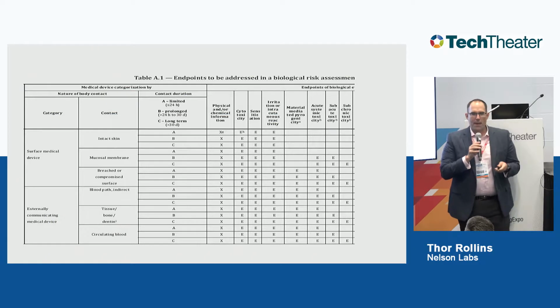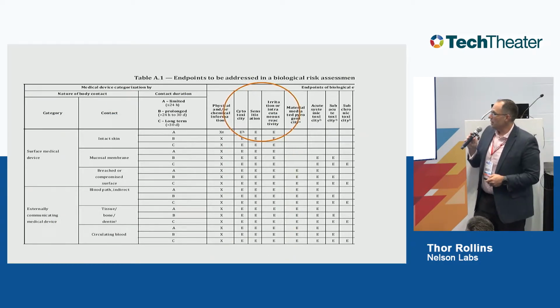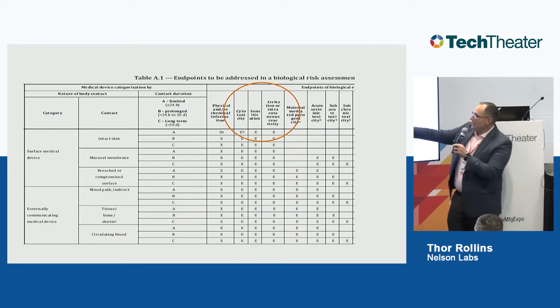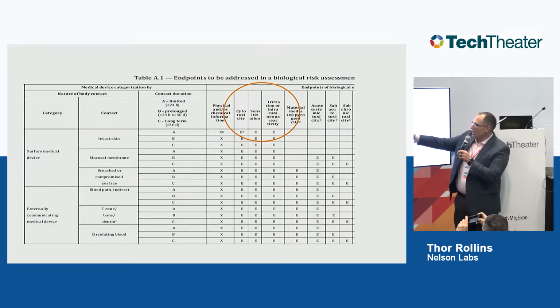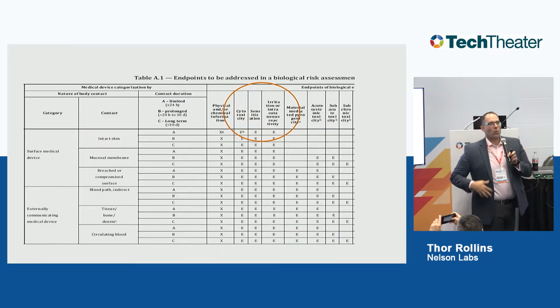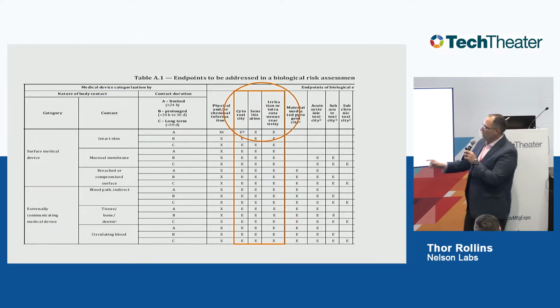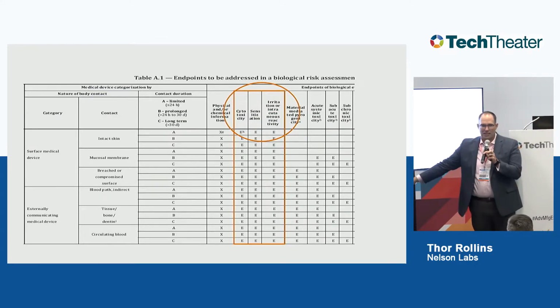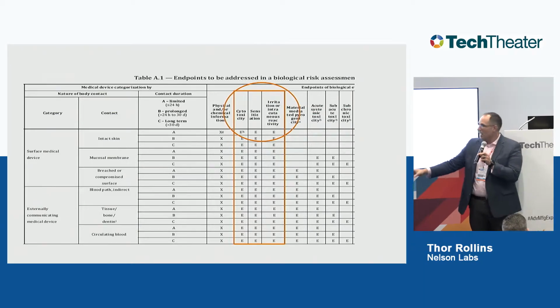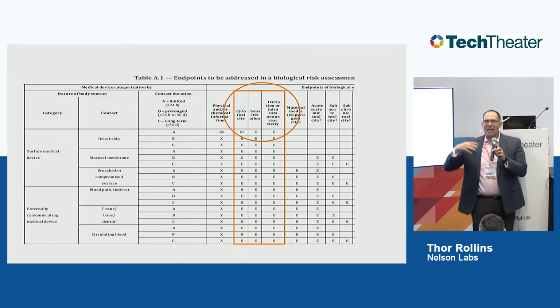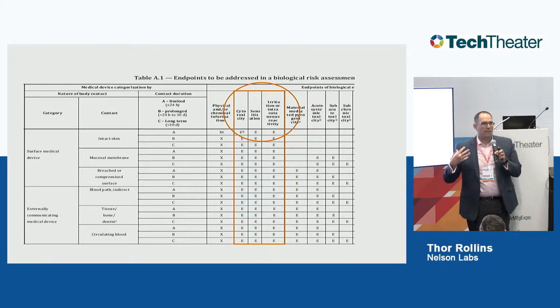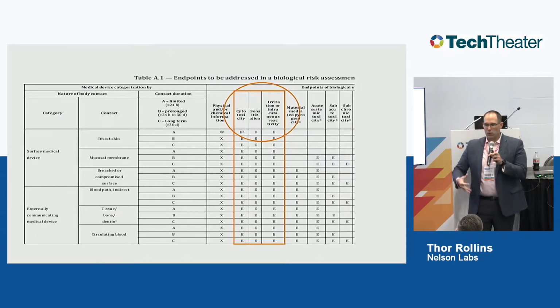So when we talk about the big 3, this is the big 3, okay? Cytotoxicity, sensitization, and irritation. And the reason we call them the big 3 is because if you look up here, regardless of your contact of your medical device, these are the 3 testing categories or biological evaluation categories you have to assess.